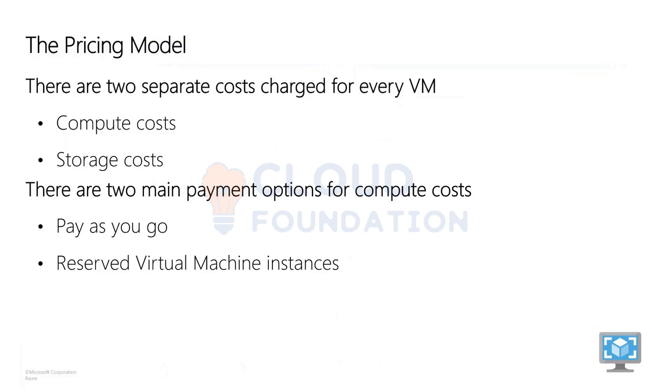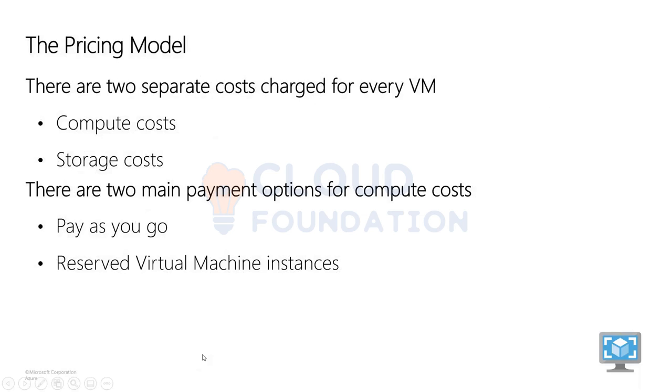What is the cost or pricing? If you look at the pricing model, though it talks about compute cost and storage cost, there are actually a number of factors involved when you are pricing a virtual machine. The slide mentions 4 options or details, and I don't think it covers all the aspects.